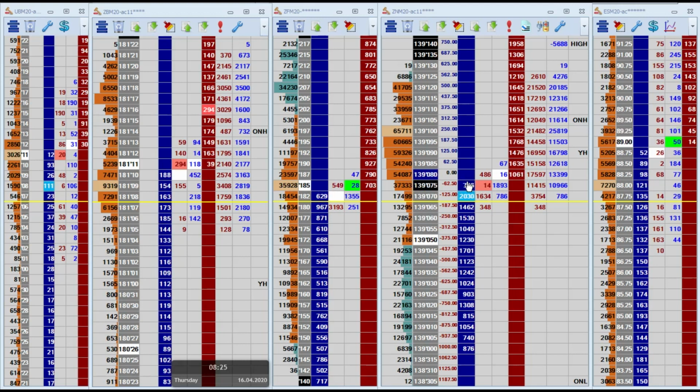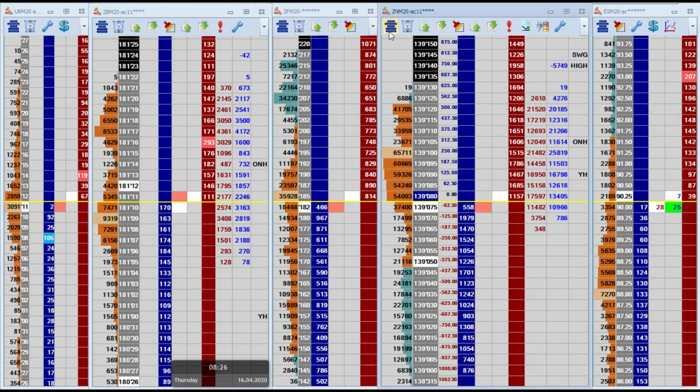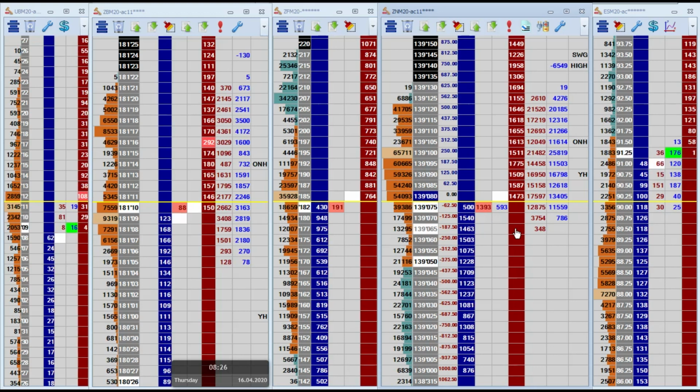Oh, as soon as I say that, the bid just falls away. So basically we're just looking at 3 ticks, maybe 4.